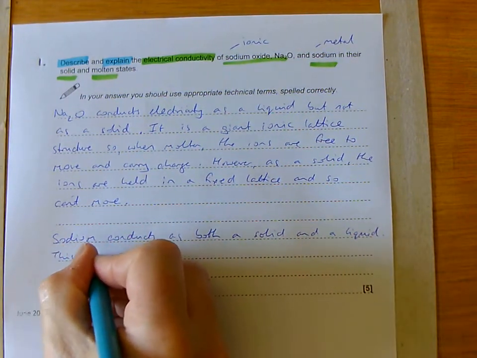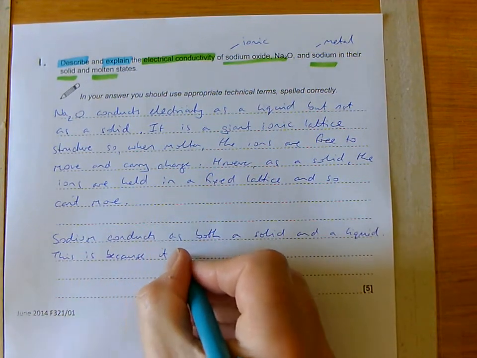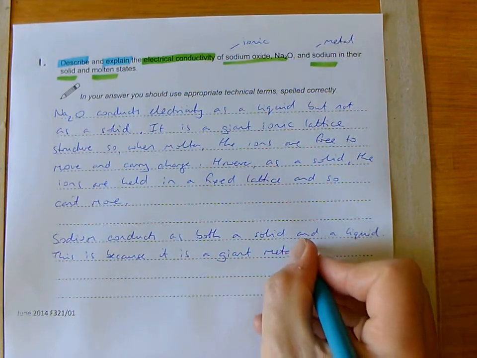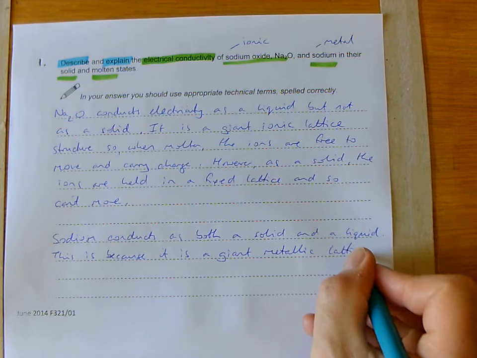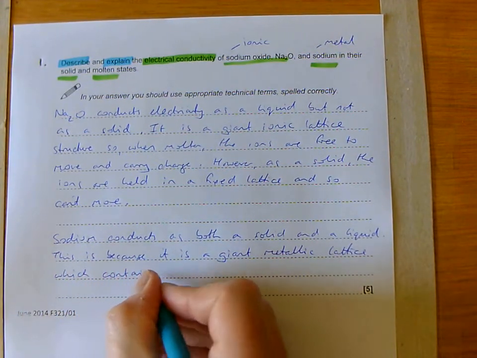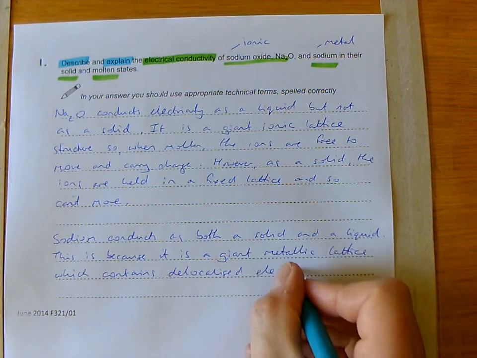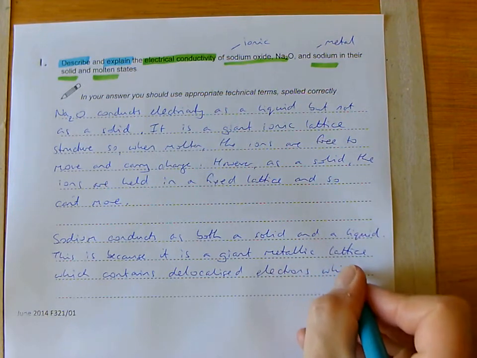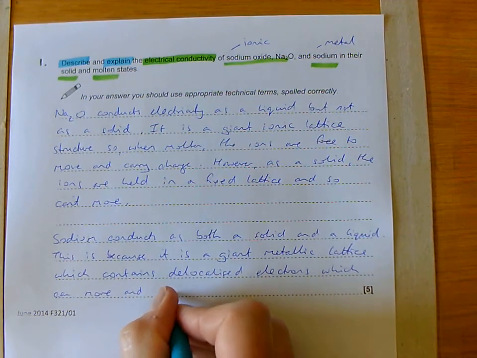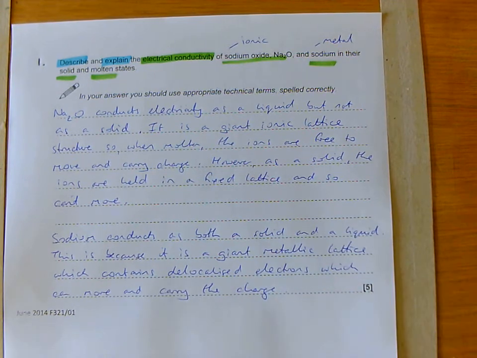This is because it is a giant metallic lattice which contains delocalized, careful to spell that right, electrons which can move and carry the charge. And there we go. That's it.